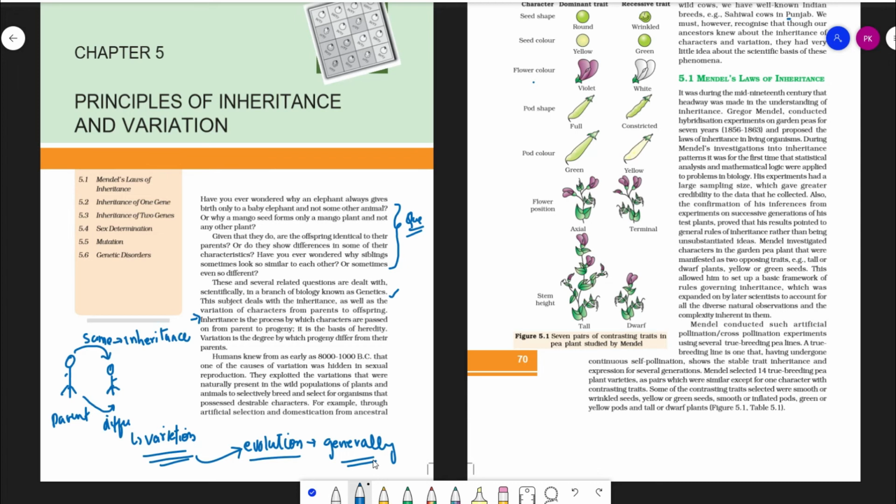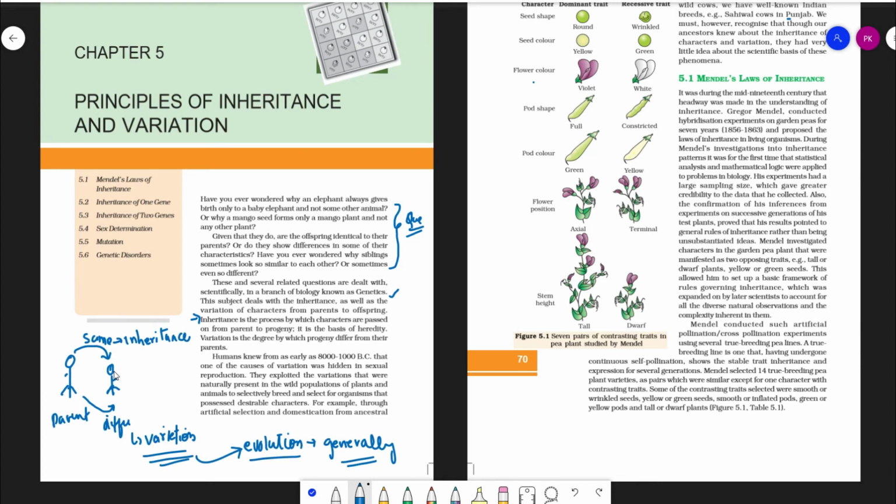Coming back to this chapter, whatever similar things your parents and you have are due to inheritance, and whatever is the difference between you and your parents is the variation. Now you can easily spot the variation and inheritance in you and your parents. You can also see your grandparents.